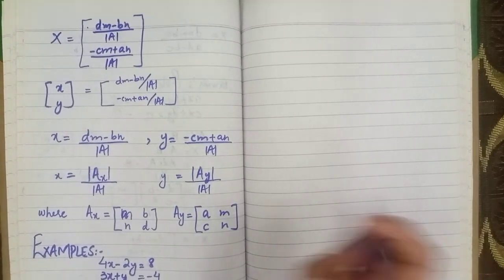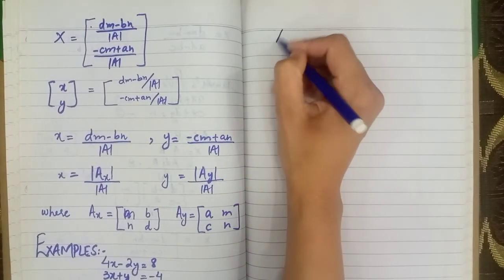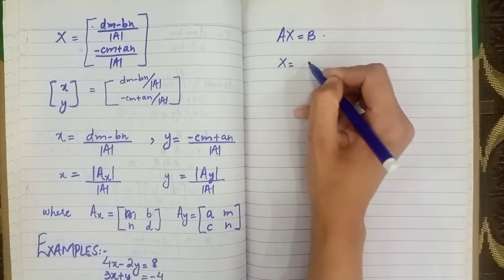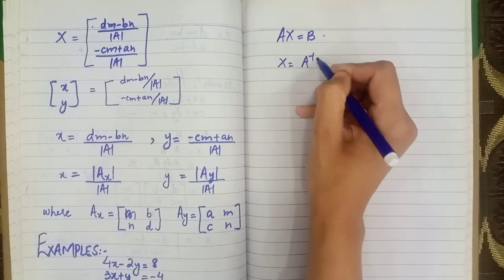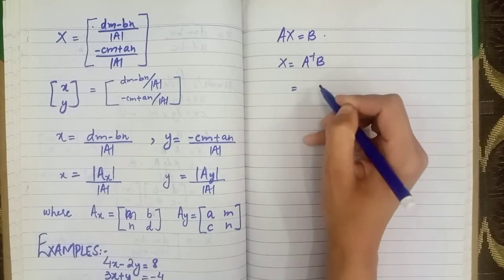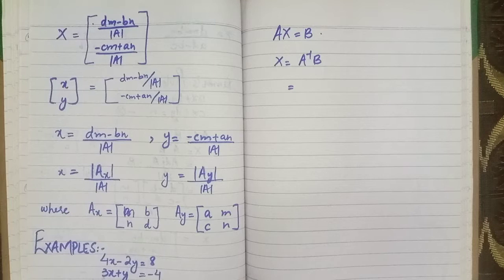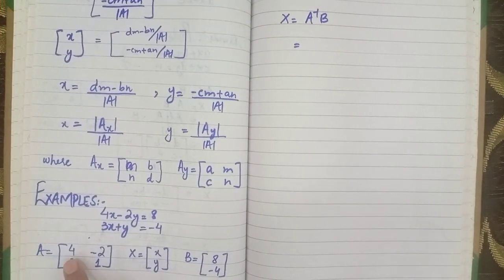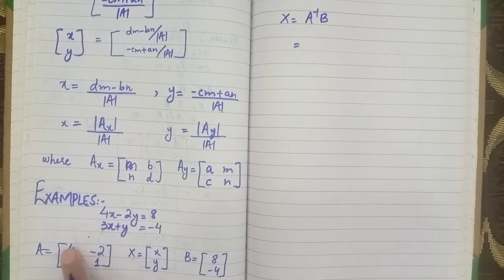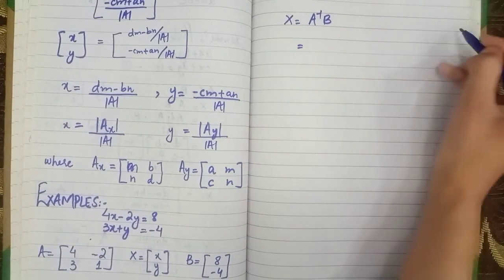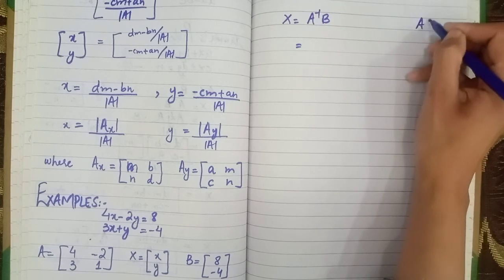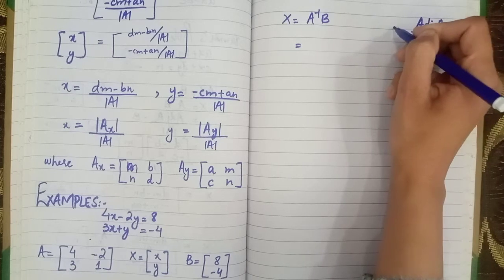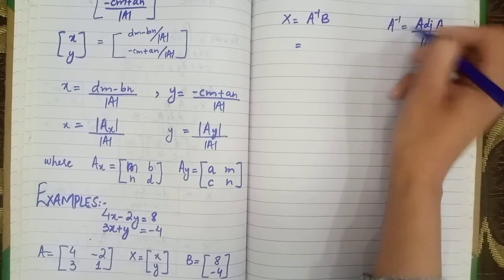What next? We know that Ax equals B. X equals A inverse B, which is equal to adjoint of A divided by determinant of A. So change the places for the adjoint. A inverse equals this.